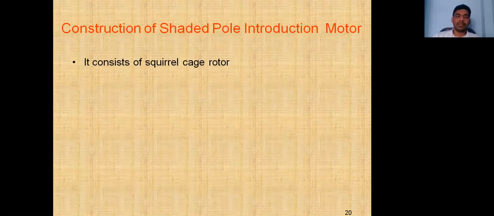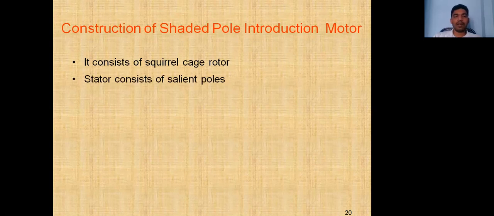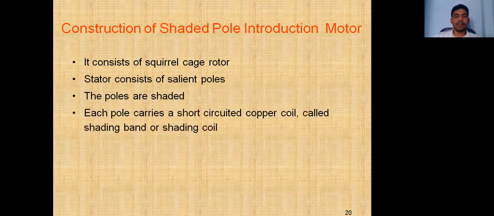It consists of a squirrel cage rotor. The stator consists of salient poles. The poles are shaded. Each pole carries a short-circuited copper coil called a shading band or shading coil.